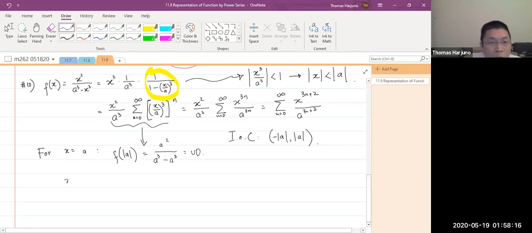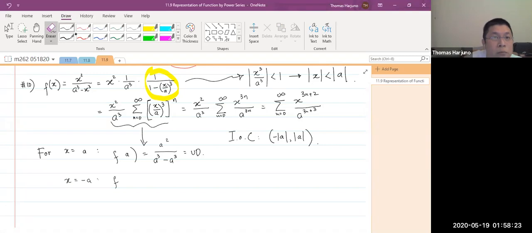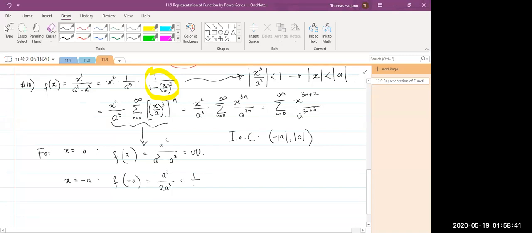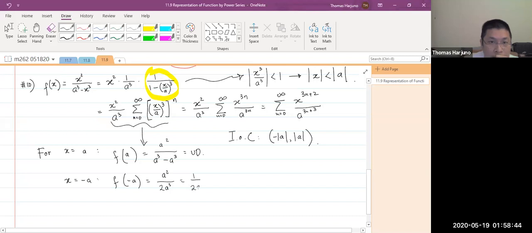Okay, when x equals negative a, however, I will still get a squared, but at the bottom, I will get 2a cubed. That's 1 over 2a. Right?